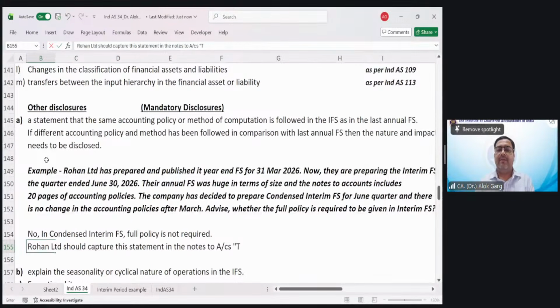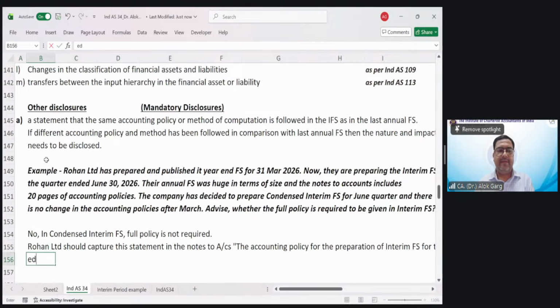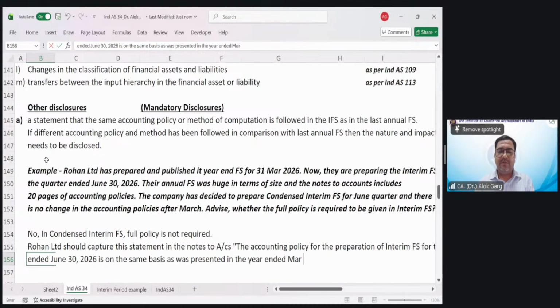Which statement? That the accounting policy for the preparation of the interim financial statement for the quarter ended June 30, 2026 is on the same basis as was presented in the year ended March 31st, 2026 full FS.